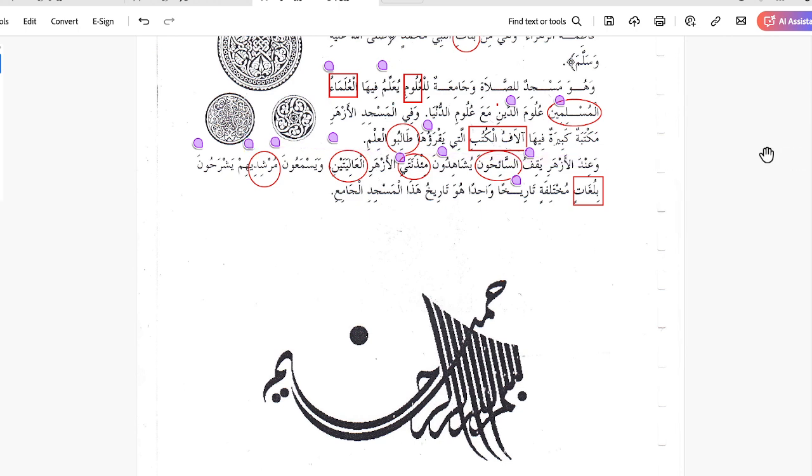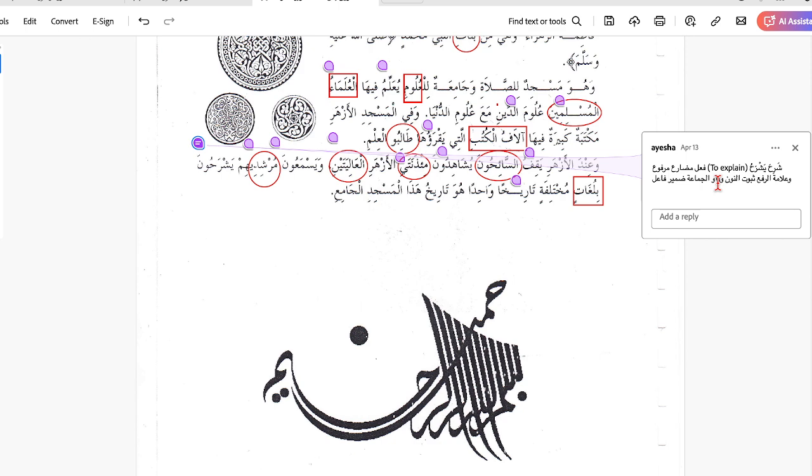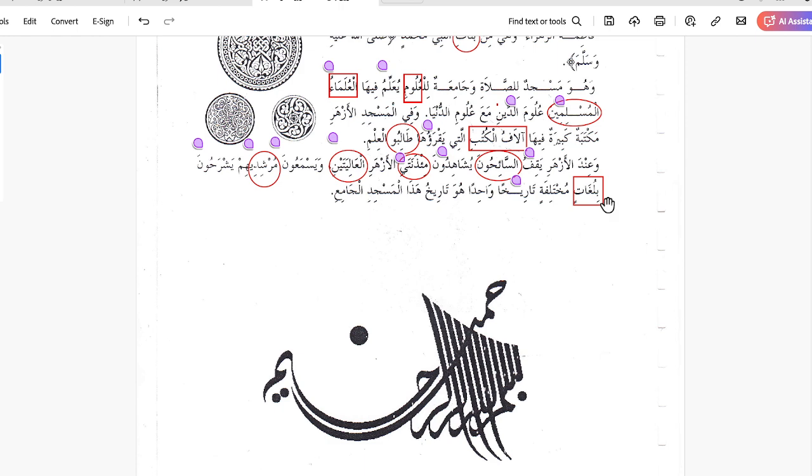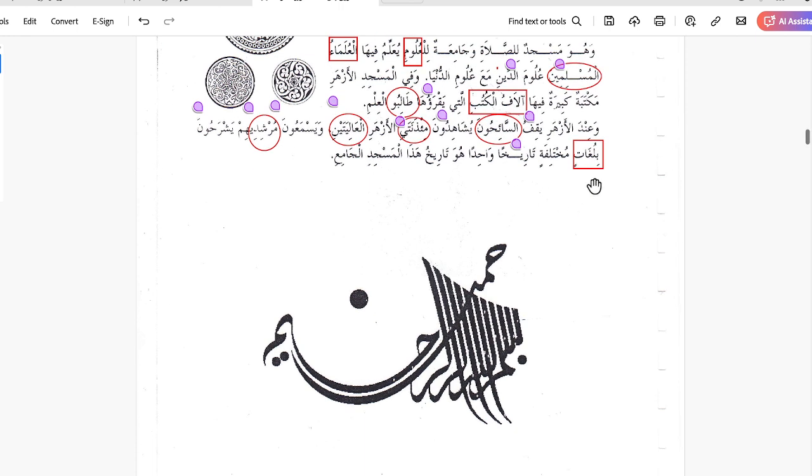Limurshad. Yashrahuna, this is another verb. Shariha yashrahu, to explain. So yashrahuna same as yasmauna. Failun mudariun marfoon. Alamatul rafi subuti nun, wawul jamati fail. Bi lugatin, jarun wa majrurun. This is lugatin.